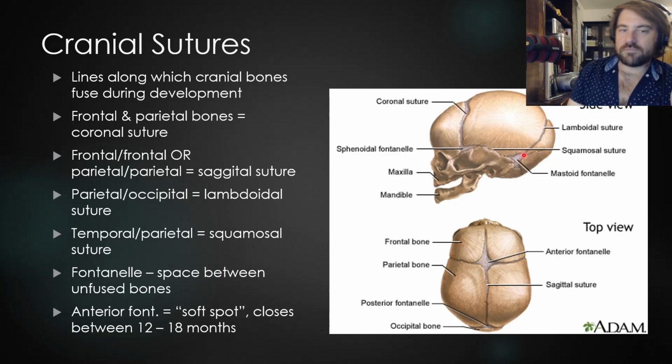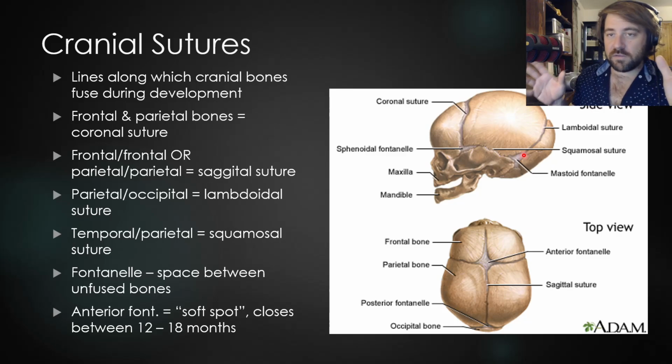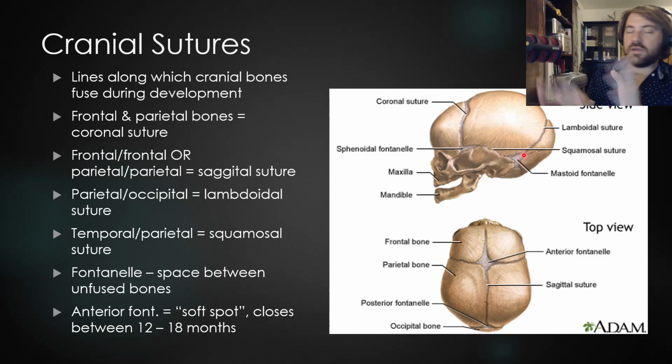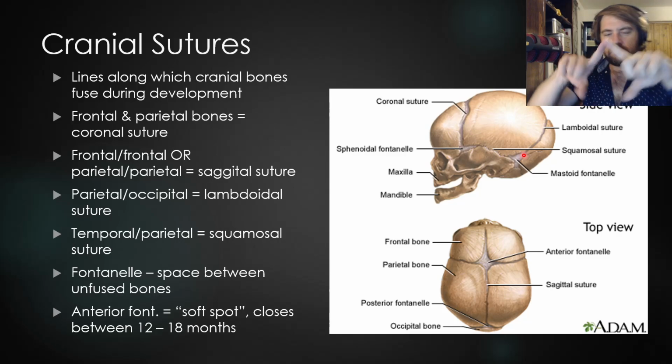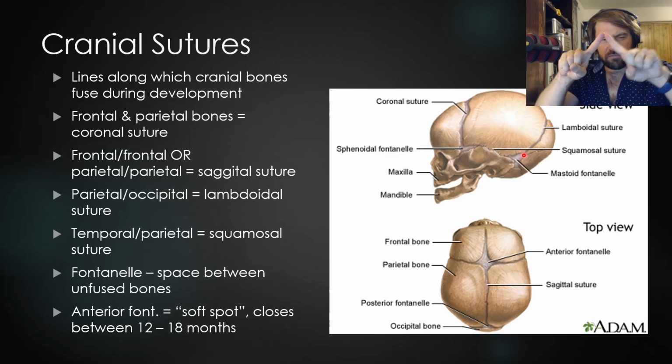That's wrong. I know it seems like mine is wrong, but lambdoidal is correct. It is the craziest word. So, why is it called this? Because it's shaped like the Greek letter lambda. If you look at it in the back, it's kind of like that.